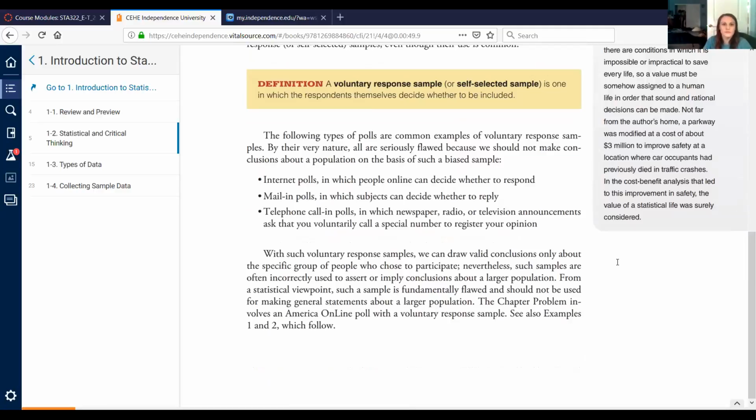We cannot scale those up to the larger population because we don't know about the people who have either a very minor opinion or none whatsoever.